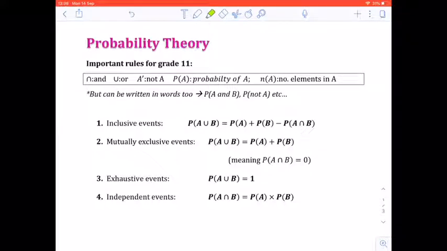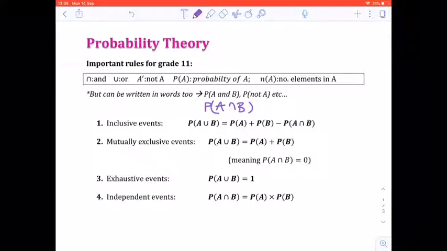So for example, instead of writing the probability of A and B with the symbol, you can write the probability of literally A and B. Or, for example, the probability of not A. But it's perfectly acceptable to use the notation in this box at the top.